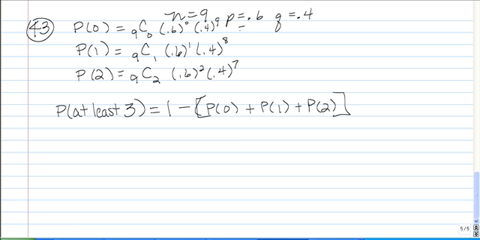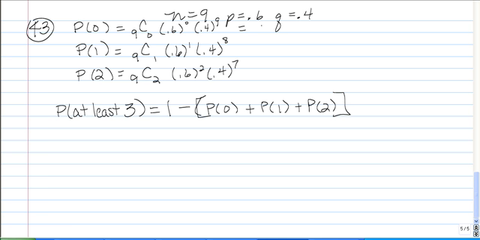So let's calculate these. I believe we're going to get a 1 for the first one. 0.6 to the 0 is also 1, so 0.4 raised to the 9th will be our answer.